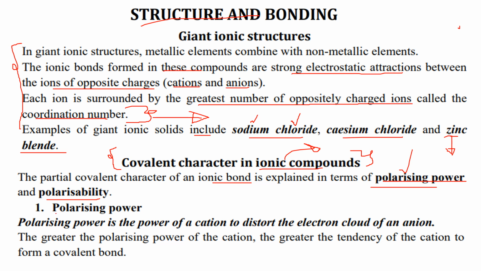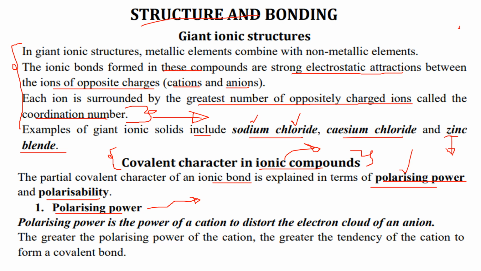Starting with polarizing power, the key takeaway before we start is that polarizing power is explained in terms of cations or ions of metals, because they are the ones that have the ability to polarize the other ions, which are the anions.